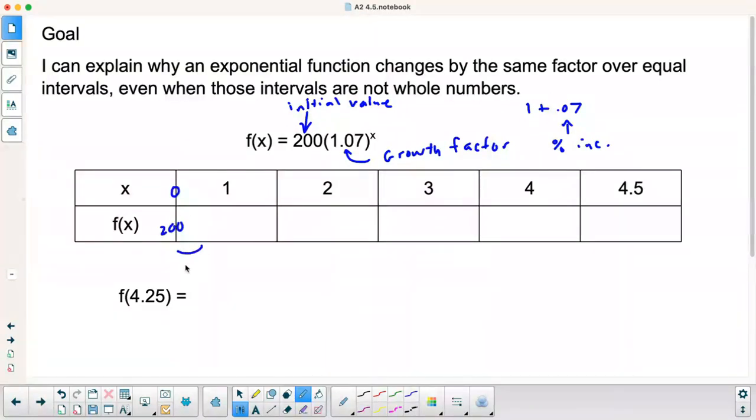But then you times it by 1.07 and you get the 214 right here. And you follow that same pattern here. You can see that it's geometric. So I'm going to finish this out here.